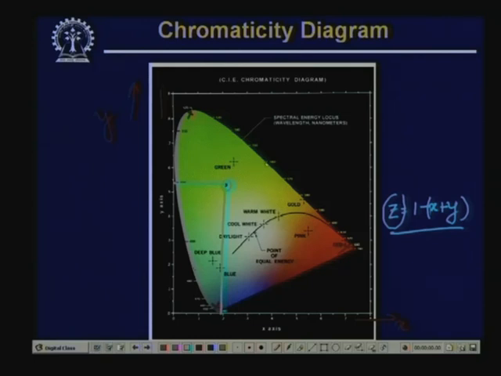So, if I take any pure color on the boundary of this chromaticity diagram and join it with this white point, then all the colors along this line tell us the different shades of this color that can be generated if I mix different amounts of white light to this pure color.